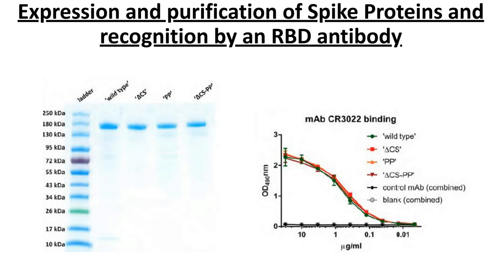We looked at them for expression, so this is using recombinant proteins. They express very well. They express in mammalian cells and in baculo insect cells also. They express nice levels of protein that can be seen purified in a Coomassie gel with high levels, and they look quite stable.